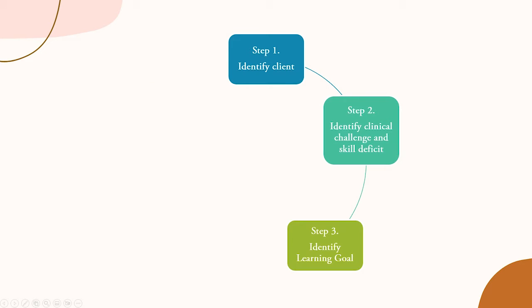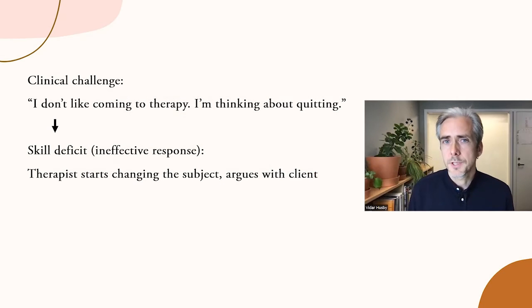So the third step is identifying a learning goal. The learning goal describes a response to the clinical challenge. In Alex's example, the clinical challenge is that the client expresses that he doesn't like coming to therapy. And you might have a habitual response to this that is not helpful.